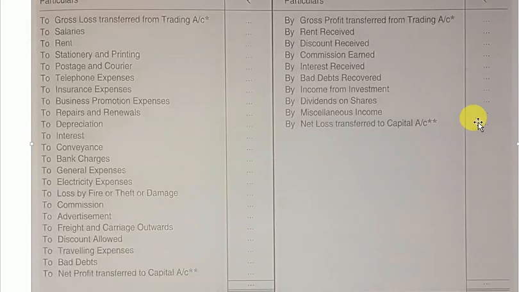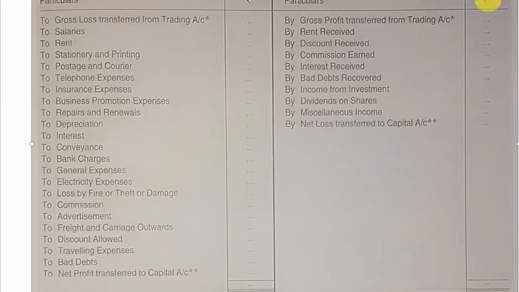And the last thing, the net result of the profit and loss account is net profit or net loss. So either the organization will incur a net profit or a net loss. If there is an excess on the debit side and less on the credit side, the difference will be net loss.